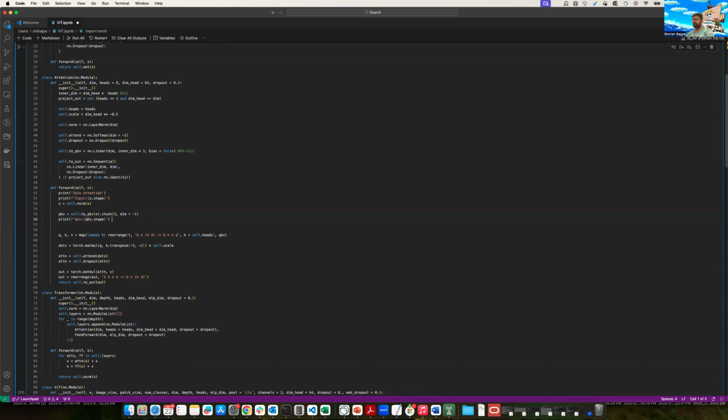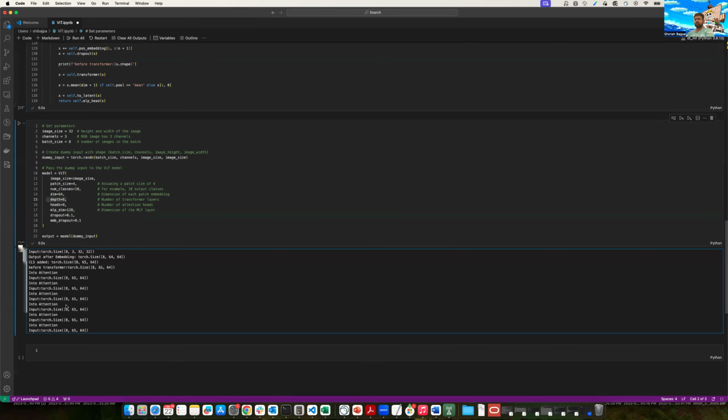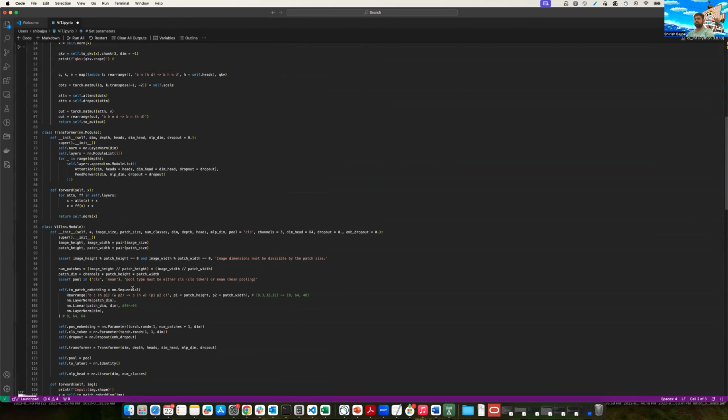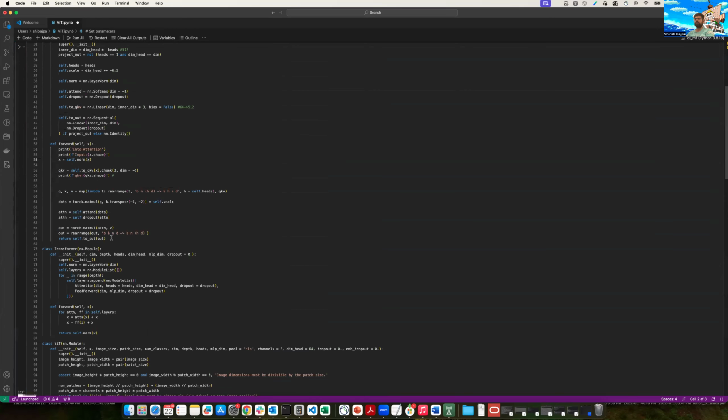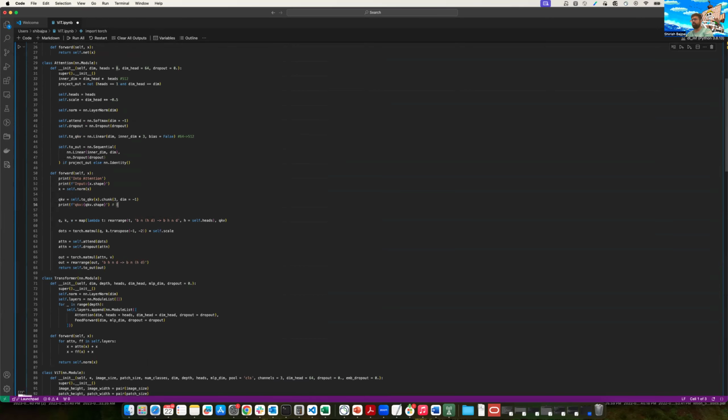The input was 8 cross 65 cross 64, so batch dimension cross 65 tokens, and the dimension is 512. This creates 512 into 3, but then we chunk it into 3 for key, query, and value. So this will be a tuple.